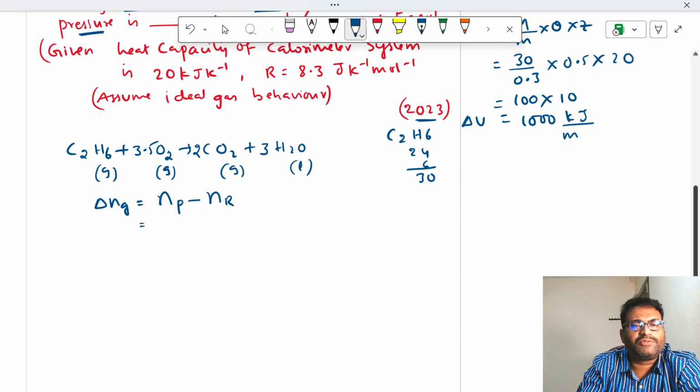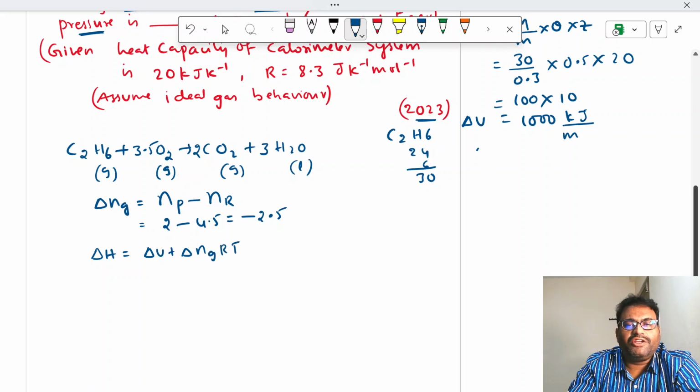Number of moles of gaseous products is 2, minus here 3.5 plus 1, so 4.5, that is equal to minus 2.5. And we need to calculate delta H. Delta H is equal to delta U plus delta Ng RT.